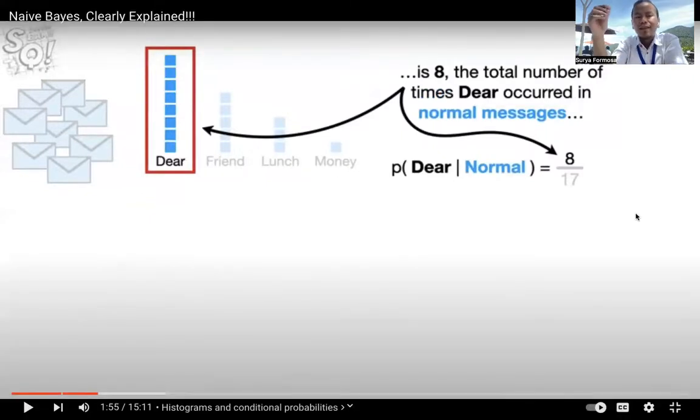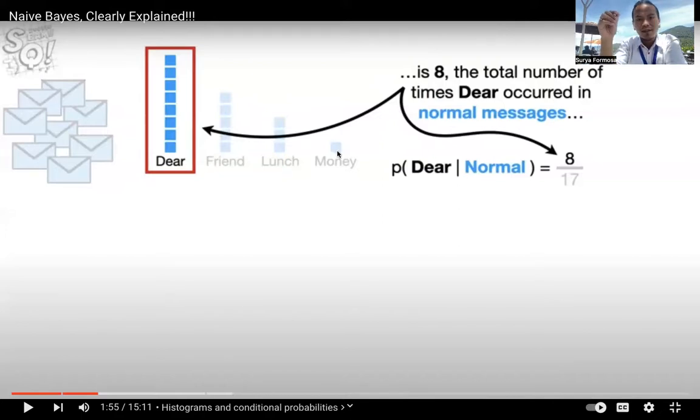Nah, jadi sebenarnya setiap word can be calculated in terms of its probability. For example, for the word dear, we have 1, 2, 3, 4, 5, 6, 7, 8. And the total number of words inside these messages is 8, 9, 10, 11, 12, 13, 14, 15, 16, 17, right?